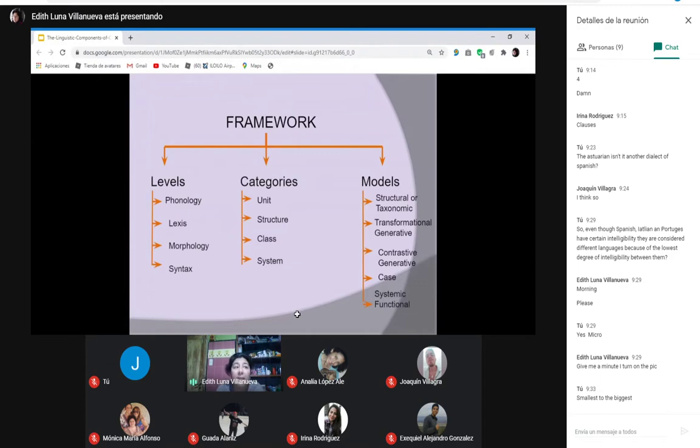By categories here we mean Michael Halliday's categories, and models for linguistic analysis. That is to say, different ways in which the language can be studied. These are sometimes known as grammars, the different grammars we can use to study a language. By the way, the list of models there is not exhaustive. Actually, I included 5 of the most representative models of all times.